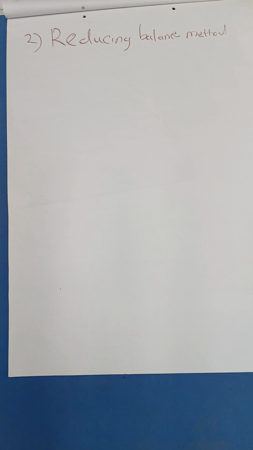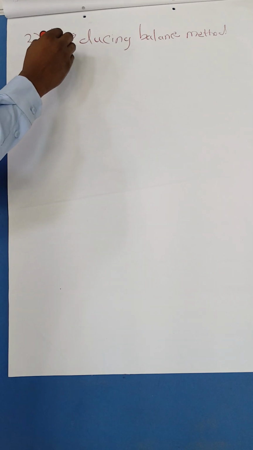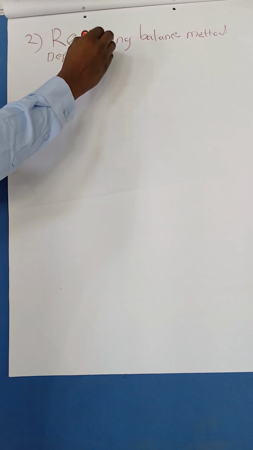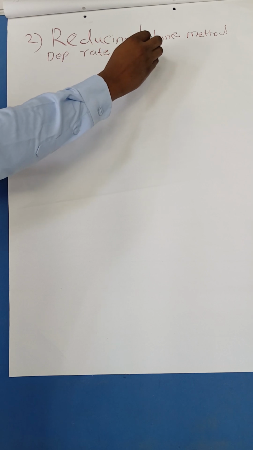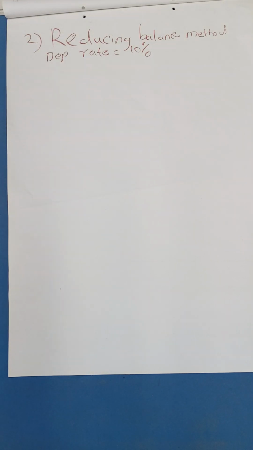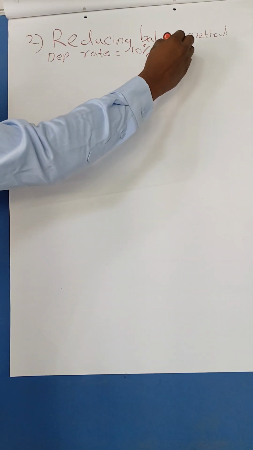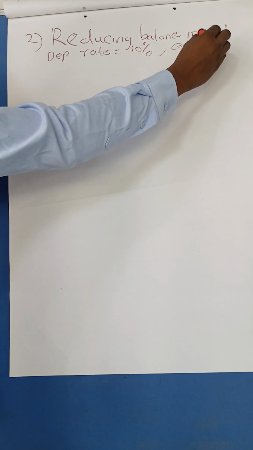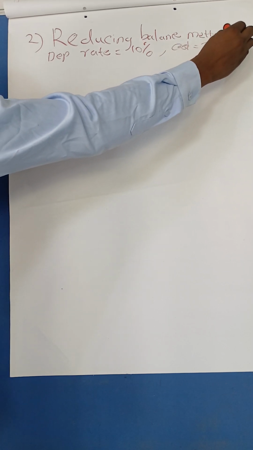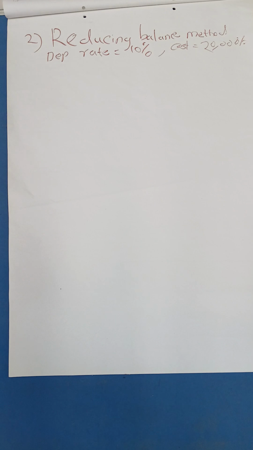So we'll be told the depreciation rate. You can be told the depreciation rate is 10%. Let us just use the one we used before, the 10%. Then the machine was bought at a cost of 20,000 Kenyan shillings, depending on the country you are watching this from.